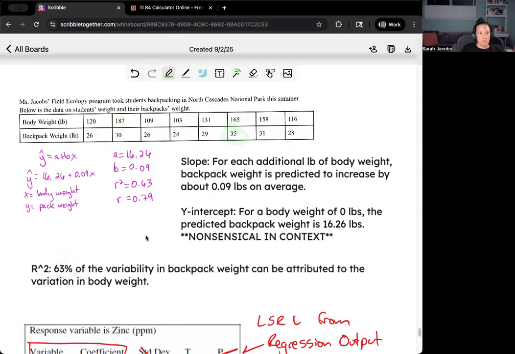Maybe they're super strong or wanted to carry all of the kitchen gear or whatever it is, right? There's some other reason that this is higher than that, even though we wouldn't necessarily expect that. So a lot of the backpack weight is explained by the body weight, but not all. So that's what we're talking about here.